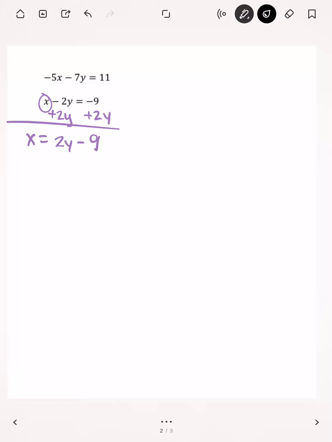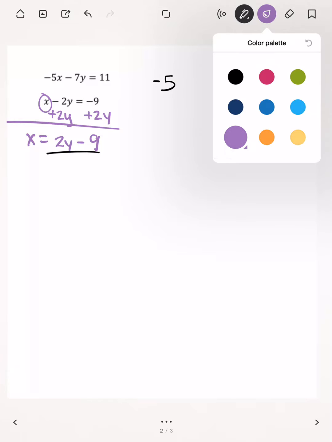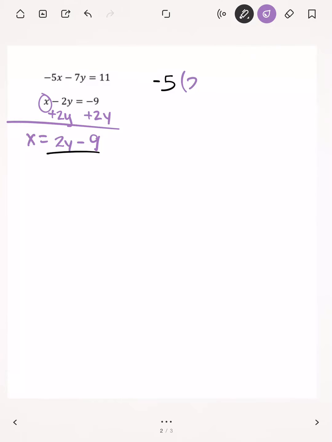So I have negative 5, but instead of x, I'm plugging in 2y minus 9, minus 7y equals 11.